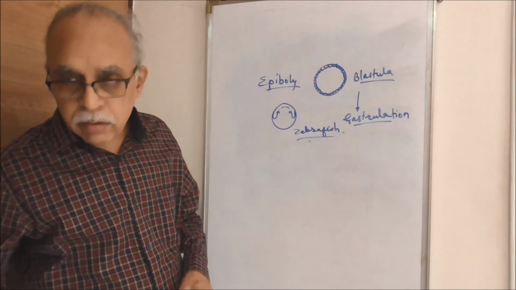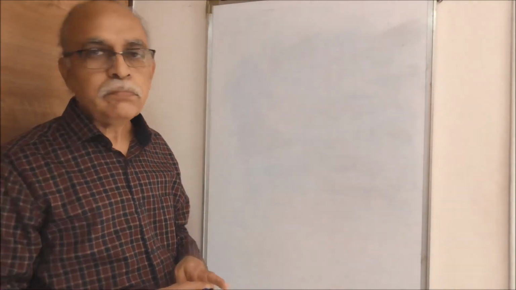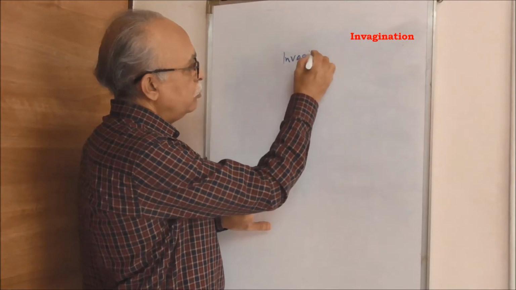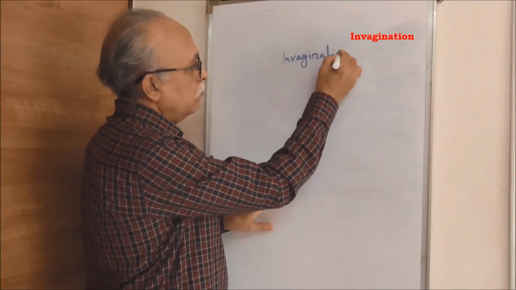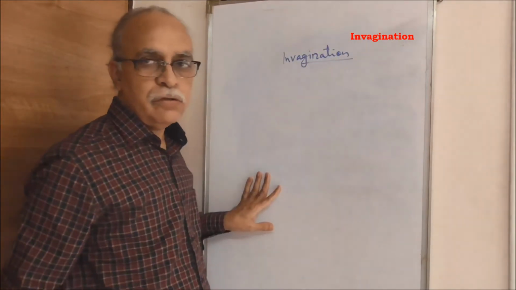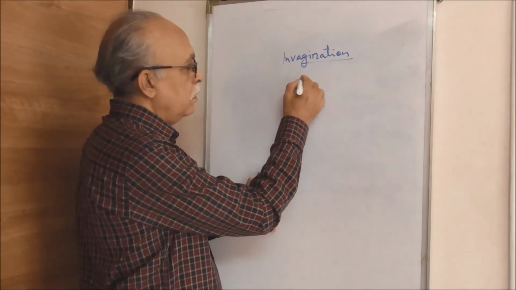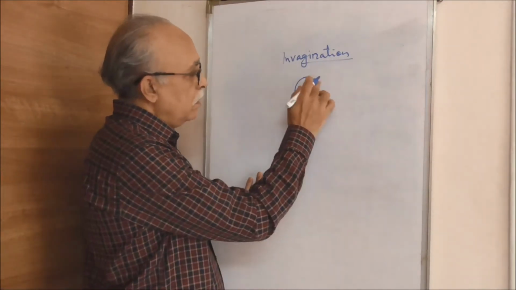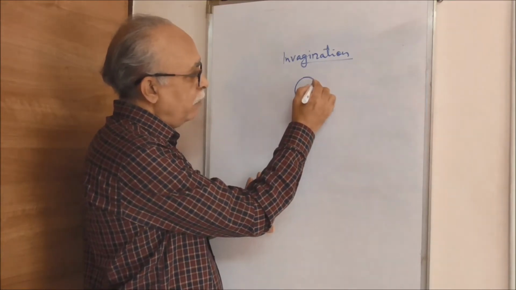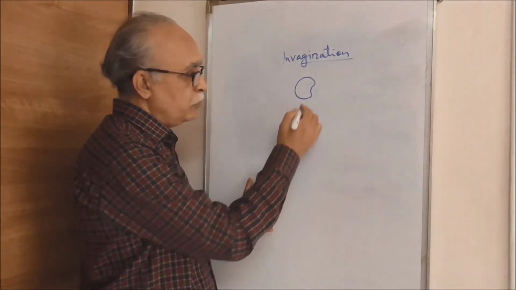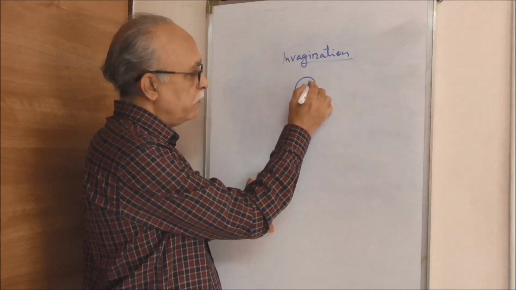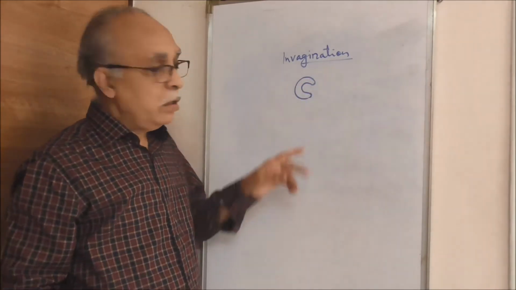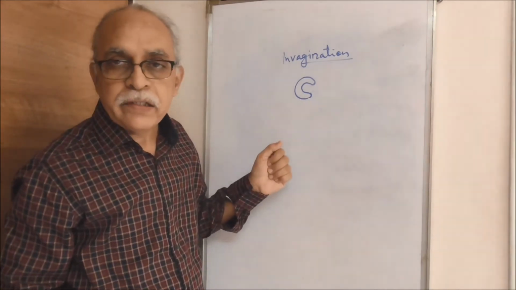Other ways could be invagination. Invagination, simple meaning, this is the sphere, blastula. This layer starts kind of invaginating. A depression is formed. This invagination deepens further and may result in two or more than two layers.